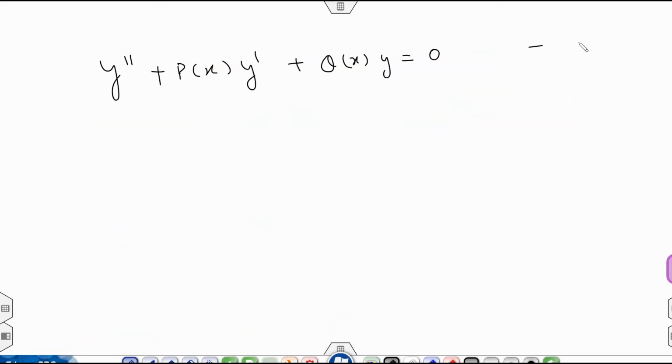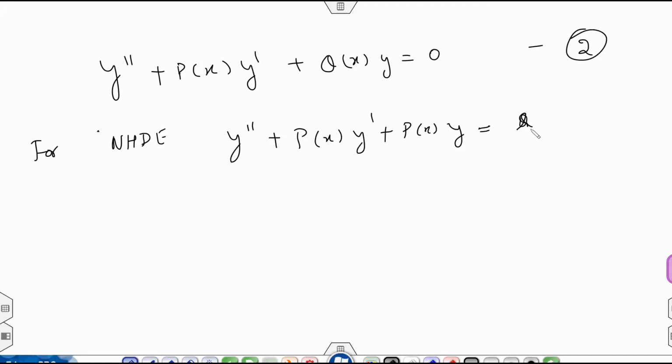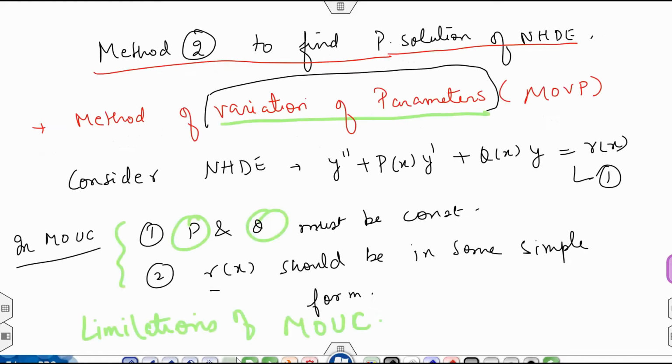So I'll call this equation number 2, because we need to find the particular solution for the non-homogeneous differential equation. We consider a non-homogeneous differential equation like the one given in equation number 1. I have written the same thing as in equation number 1.